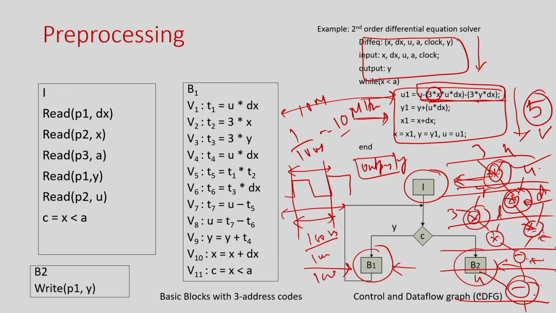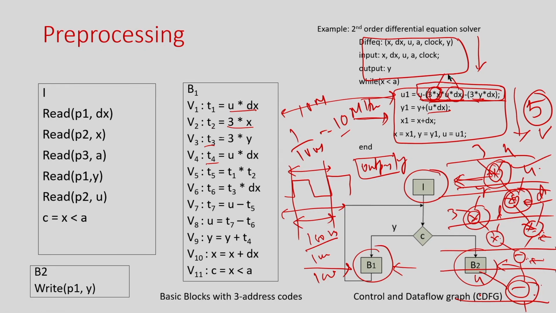Individual operation. So, for example, here see that u into dx, which I am going to put in T1, then 3 into x I am going to put it into T2. Then this 3 into y I am going to put it into T3. Then u into dx I am going to put it into T4. Then I am doing this T1 and T2, right. So, this is my T2 and this is my T1.